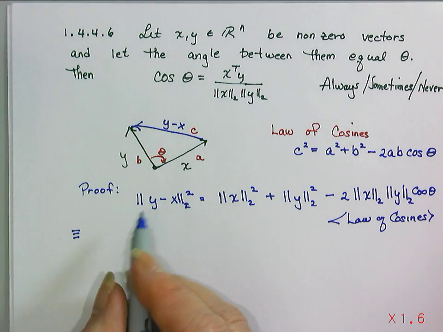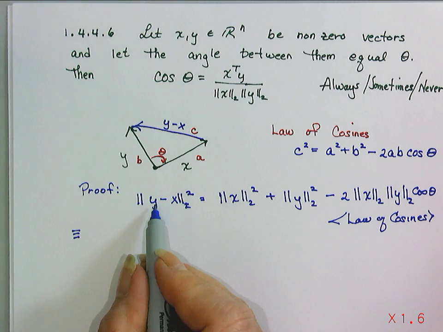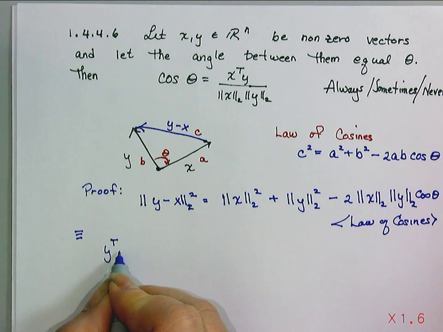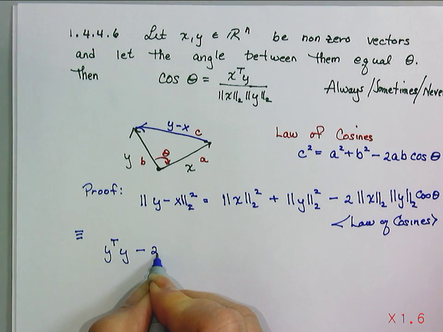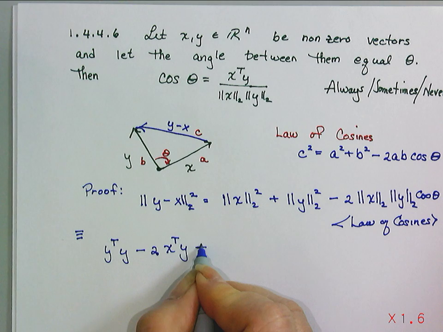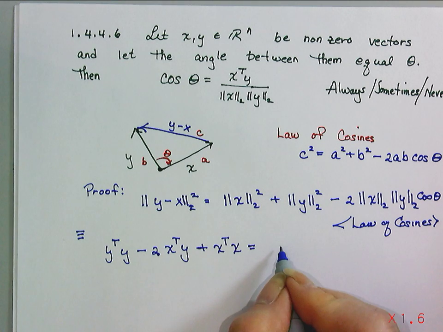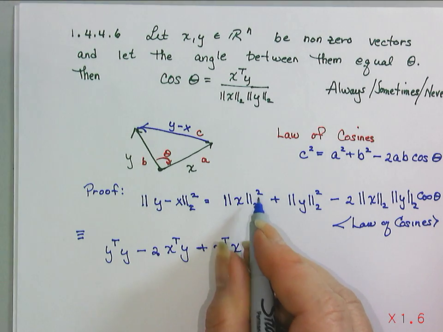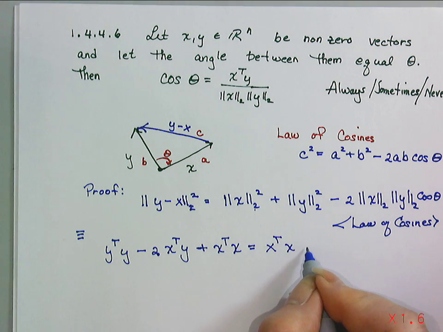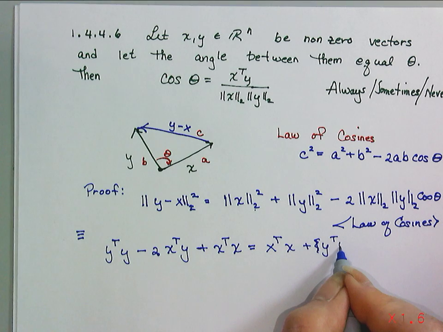And this is actually a lemma, but it's very similar to the problem that we looked at last time. If we expand this, we'll get y transpose y minus 2 times x transpose y plus x transpose x is equal to, now the length of x squared is just x transpose x. The length of y squared is just y transpose y.